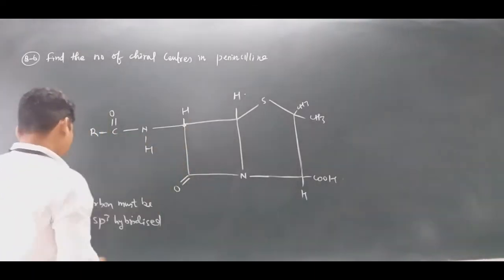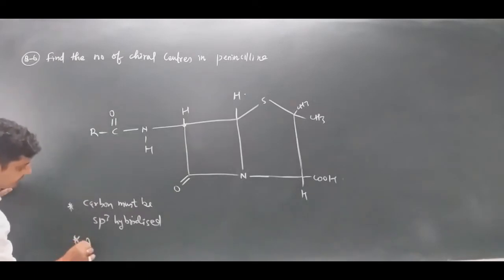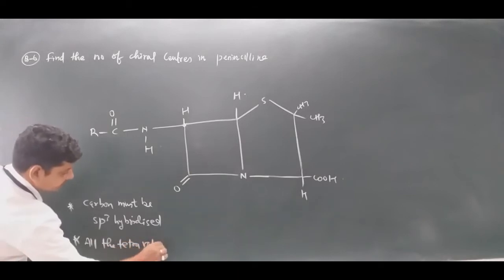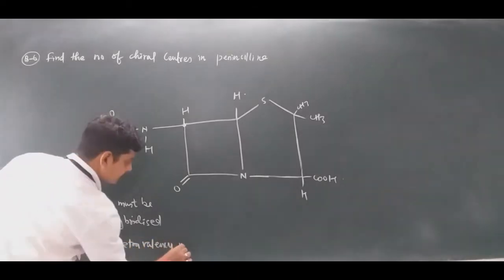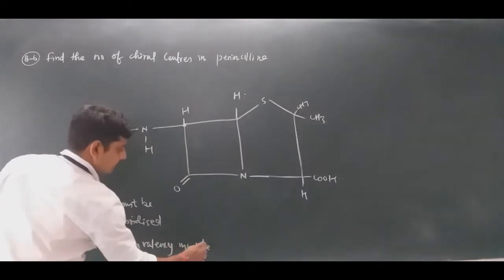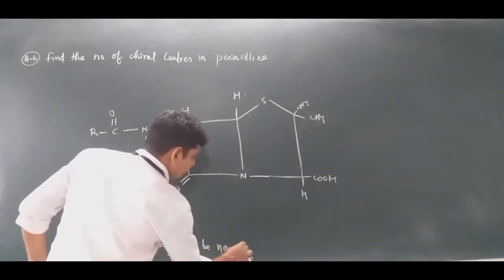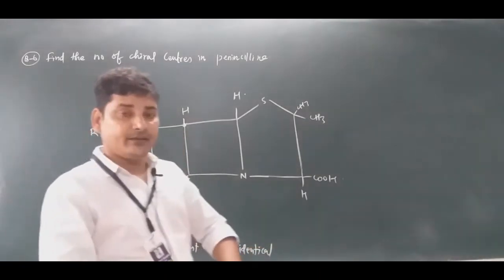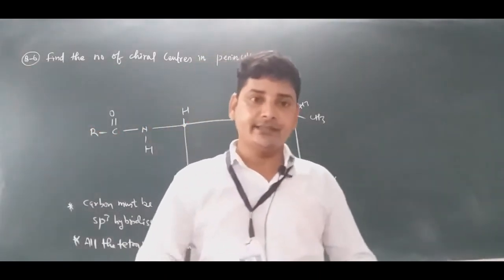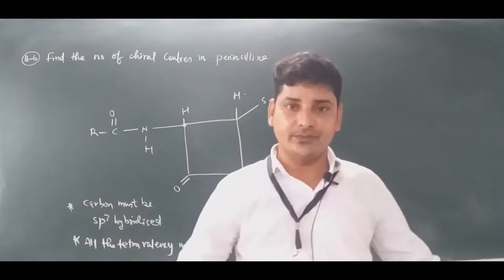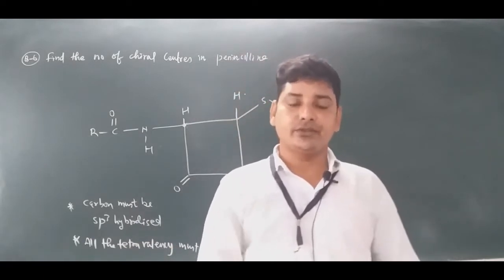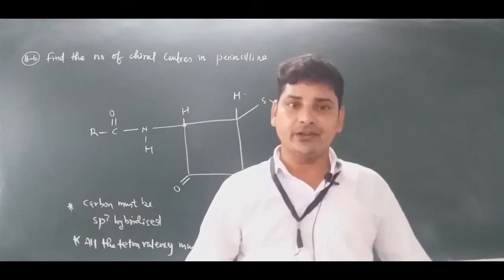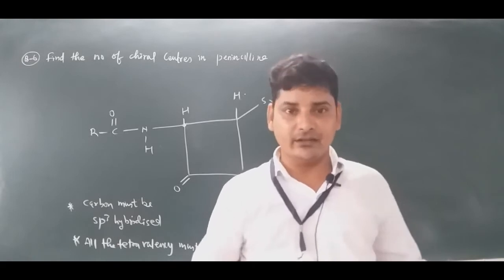All the tetravalency must be non-identical. The four valencies should be completed by 4 different groups, and the carbon should be tetrahedral, means sp3 hybridized. If the carbon is sp2 hybridized, we are not able to decide the chiral centers.